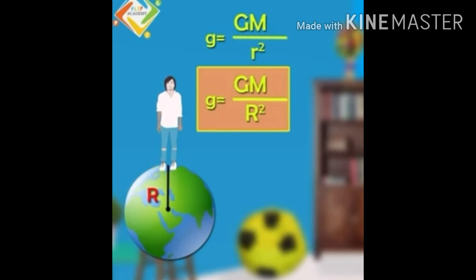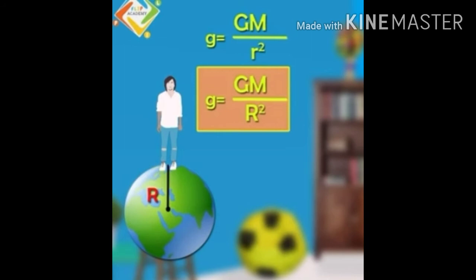Thus, for an object on or near the surface of the Earth, the equation is g = G M / R², where r² becomes R².